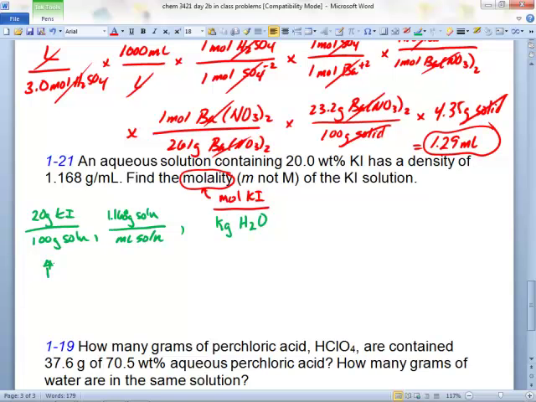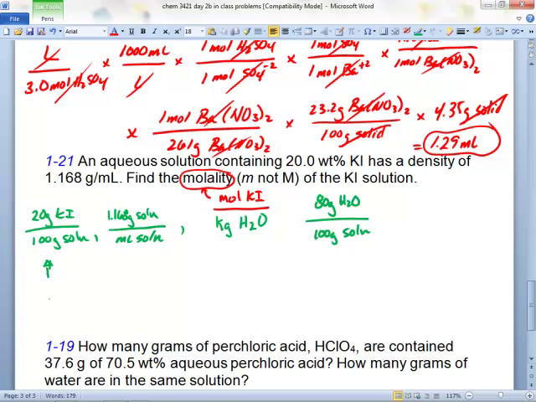What would it be? 72 grams of H2O for every 100 grams of solution. That, to me, is the trick to this question, because all that's there is KI and water. So if you have 28 grams of KI, you have to have 72 grams of water. So now it'd be a lot easier to see where to start.